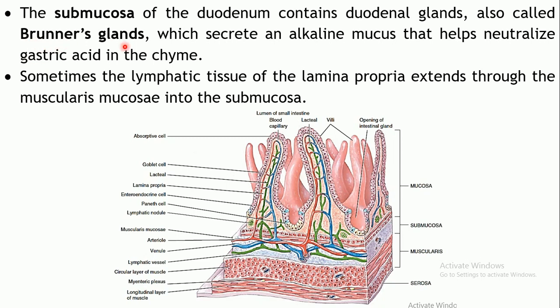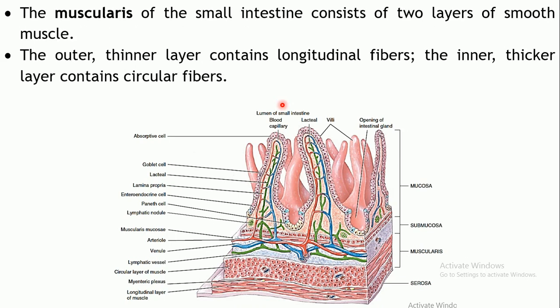The main function of these glands is to secrete an alkaline mucus, which helps in neutralizing the gastric acid which may be present in the chyme. Sometimes the lymphatic tissues present in the lamina propria may also extend into the submucosa.